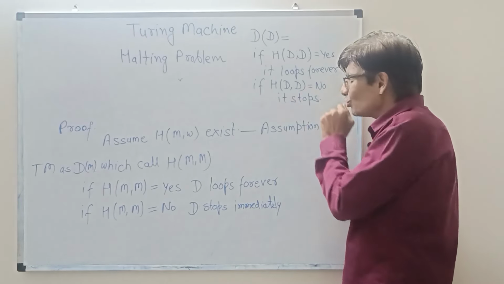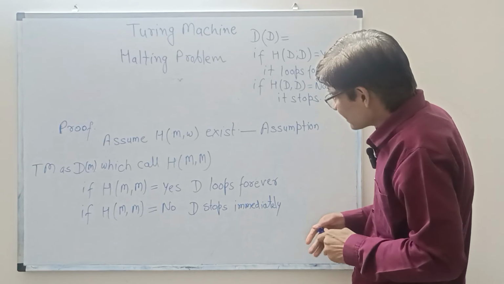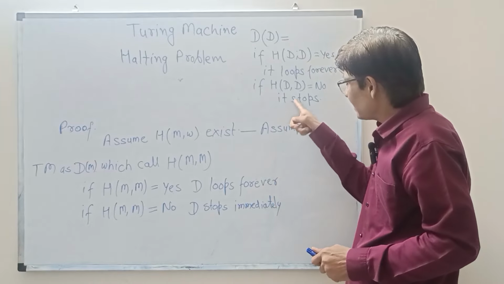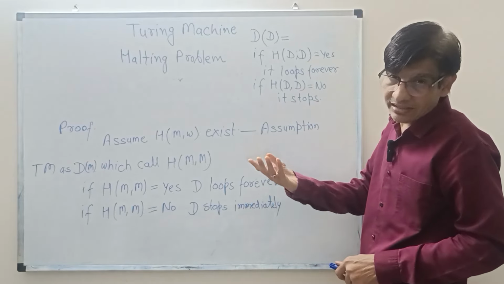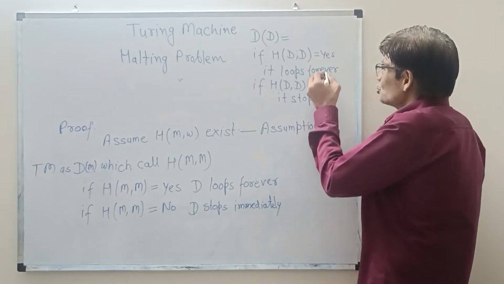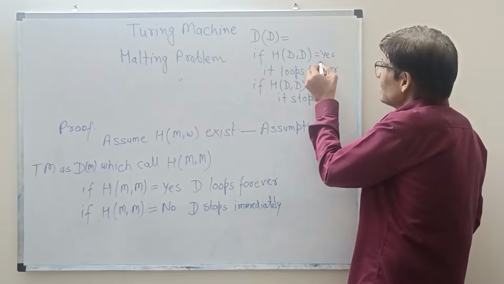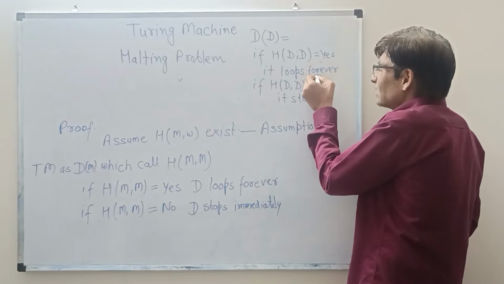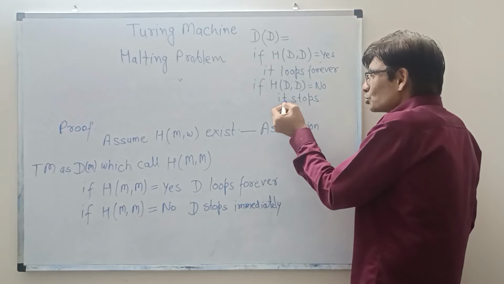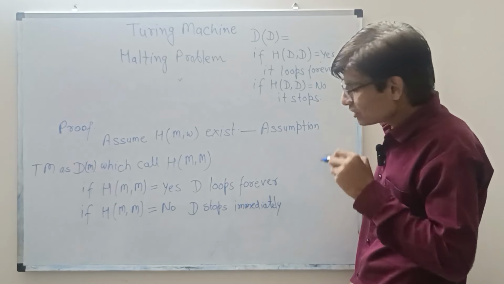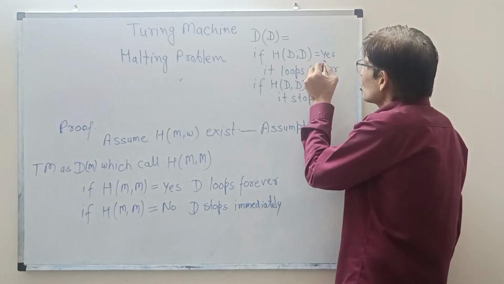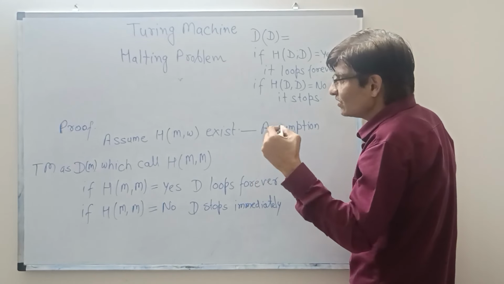It stops on no. That means whatever we are assuming, it is acting in the opposite way. Here it must stop, so it is running forever. Here it must run forever, so it is getting stopped. So both times we are getting a contradiction of what we have assumed.